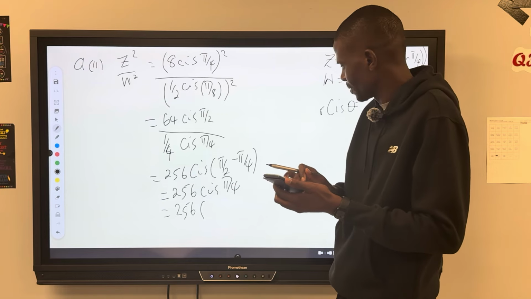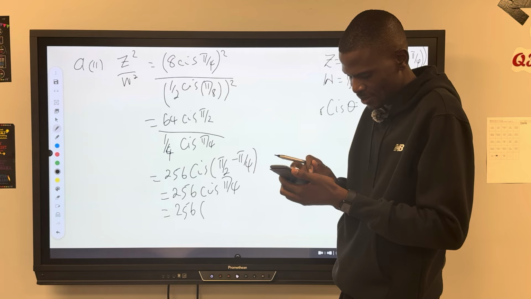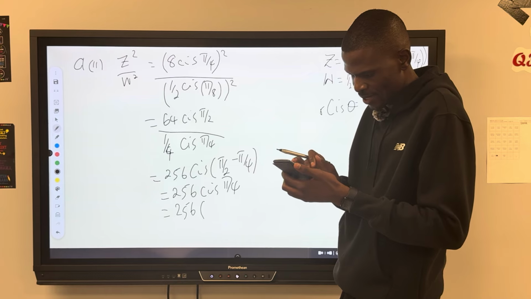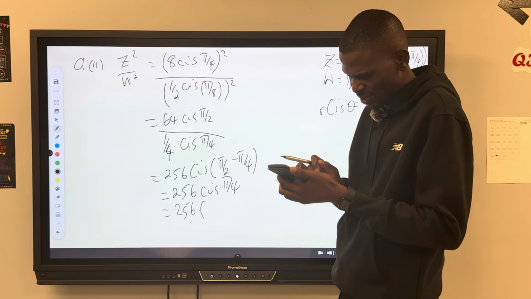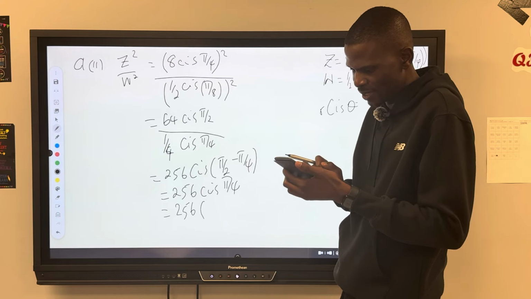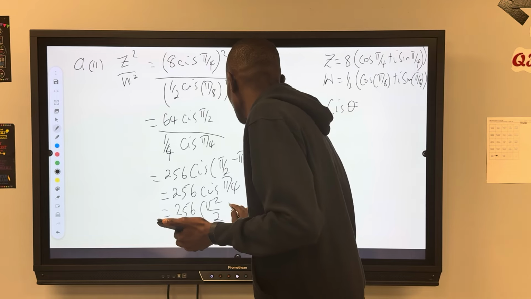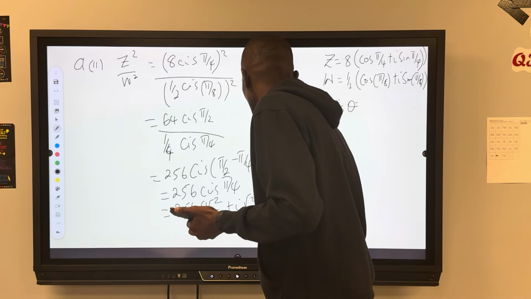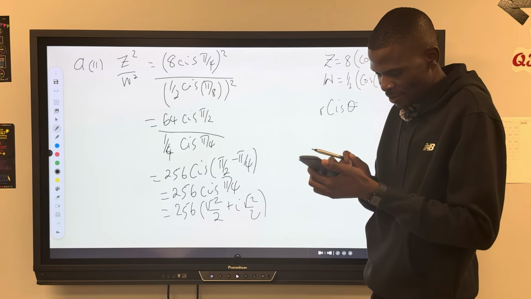So cos pi over 4, sine 45 degrees should be the same as cos. It's root 2 over 2. So this is root 2 over 2 plus, I believe this is root 2 over 2 again for sine. Let me double check.